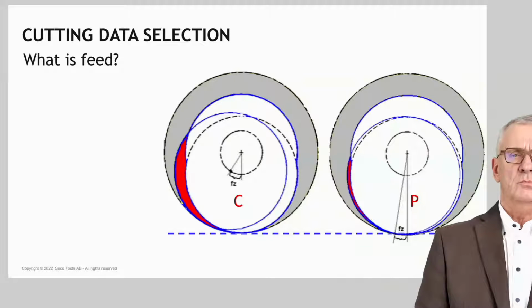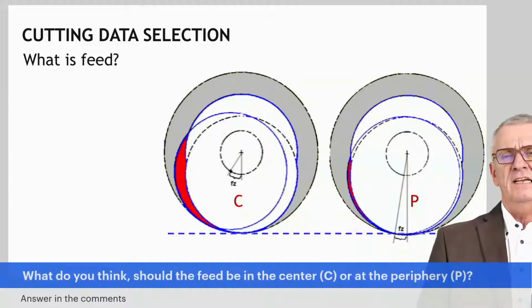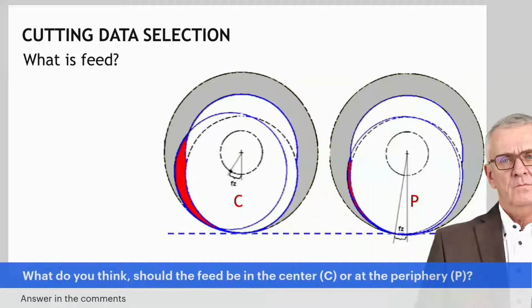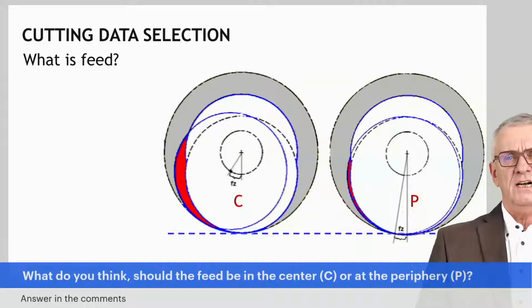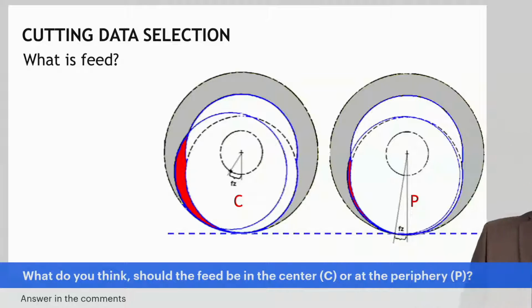And you see two possibilities for feed. You put the feed with which you use the milling cutter in the center of the milling cutter, which is situation C. Or you put the feed on the periphery of the milling cutter, which is situation P, the situation to the right. Now, which one do you think is correct?